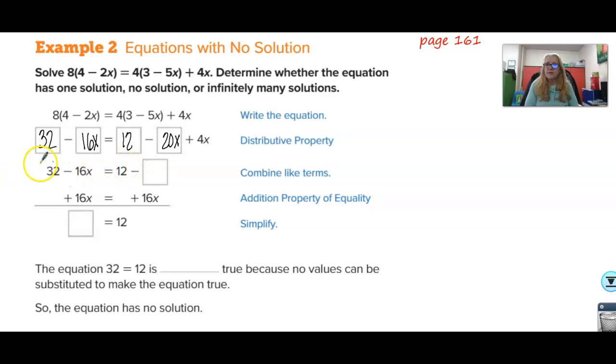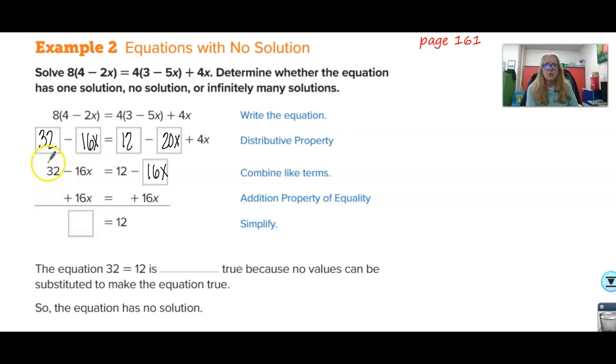On the left, there's nothing to simplify because these are not like terms. On the right, we bring down the 12, but we can combine a -20 with a +4 and get -16x. If you add 16x to both sides, even at this point, you could stop because you see that the variable terms are the same, but the constant terms are not.